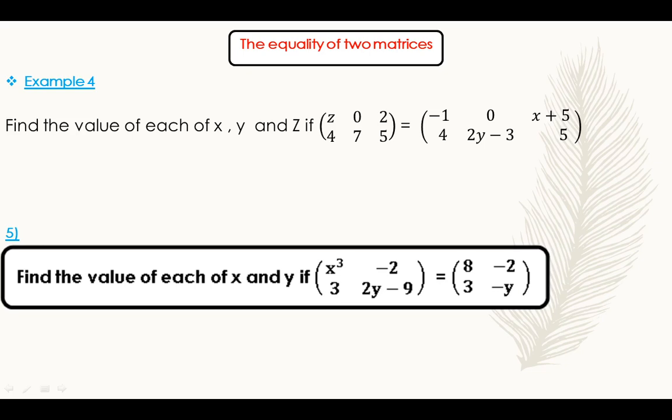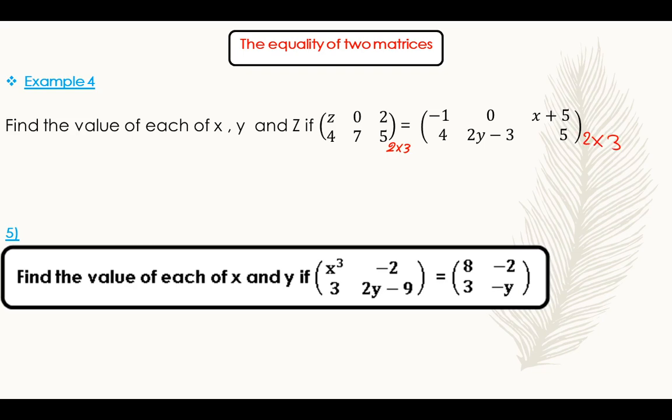Here we want to find the values of x, y, and z. First of all, the first matrix has 2 rows and 3 columns, so it is of order 2 times 3. The other matrix is also of order 2 times 3, so the two matrices have the same order.